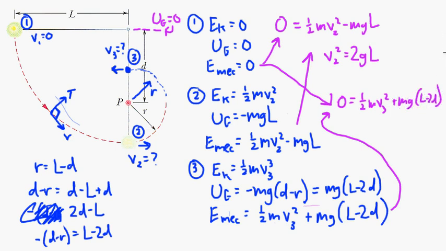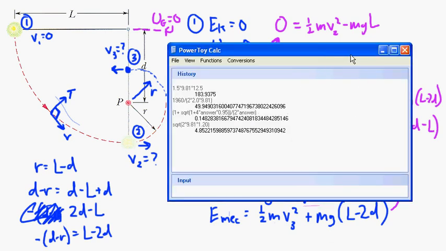Then we cancel out the m and multiply by 2. We get v3 squared equals 2g times (2d minus L). So that's kind of an annoying expression, but it could be worse.